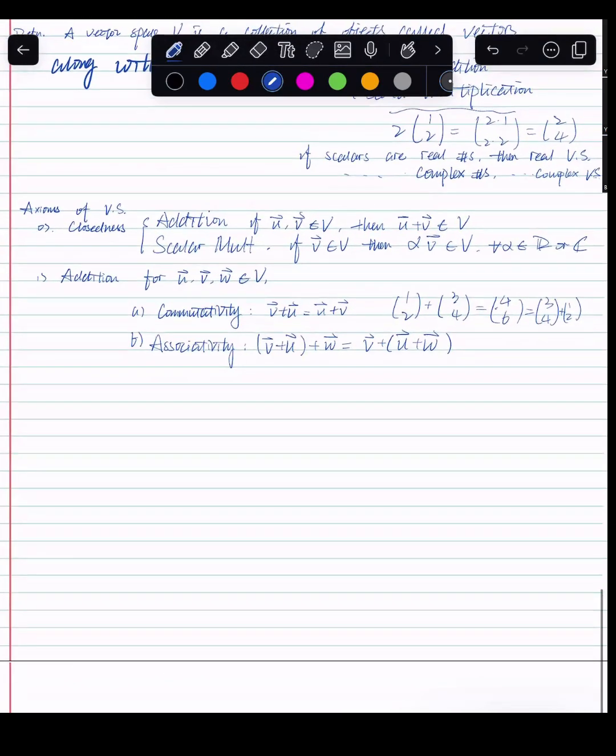Okay. And then the third one is the zero vector. It says that there exists a vector 0, right? So the symbol is there exists. There exists a vector 0 such that v plus 0 equals 0 plus v equals v.